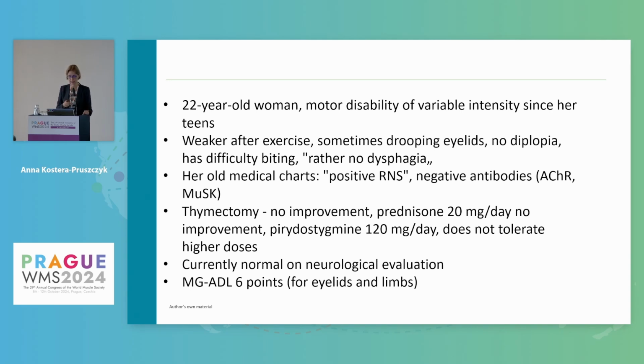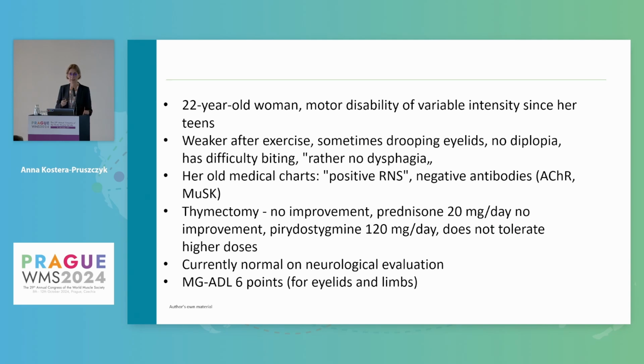She was double seronegative. She had thymectomy previously with no improvement, treated with prednisone 20 milligram per day, again with no improvement. Pyridostigmine, 2 tablets a day, a low dose, but she does not tolerate higher doses.